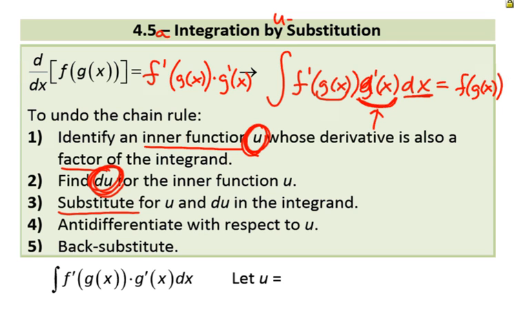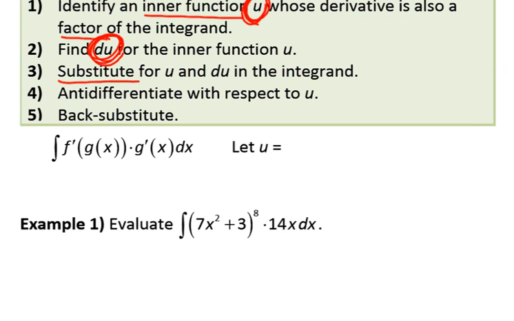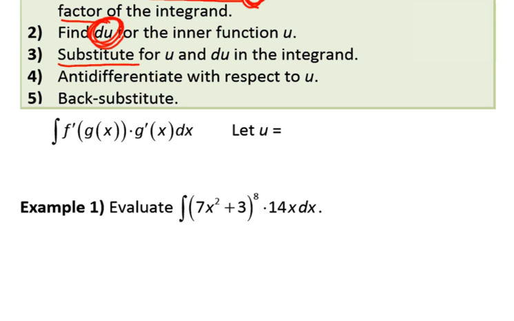All right, so let's see how this would look just theoretically. If I give you the integral of f prime of g times g prime, which is what would happen if I do the chain rule for derivatives, then you would want u to be this inner function, g of x. Then you want to find du.